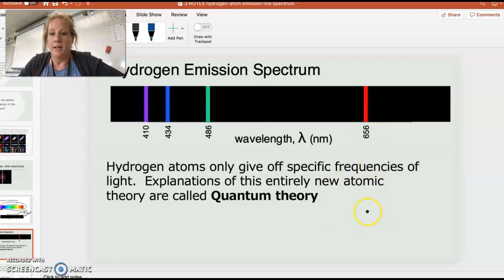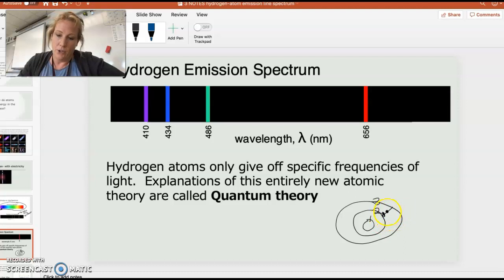So for the red color here, if you remember, if we were to give rings here, 2, 3, it was going from 3 to 2. So it was a lower energy transition, and we got that specific red frequency.